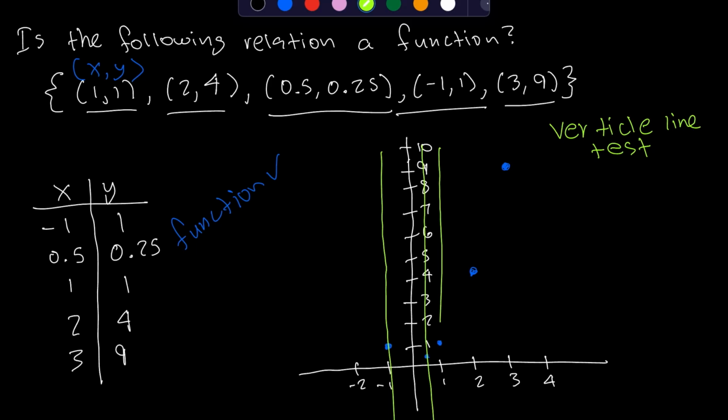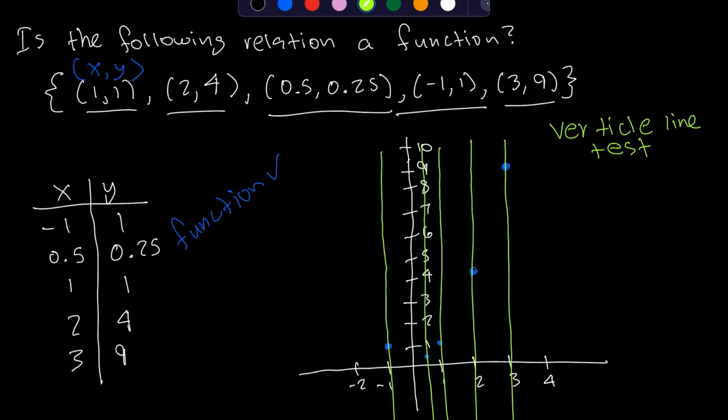Let me draw another point at 1. Still good. Another point at 2, or x equals 2. Still looking like a function. And we'll draw a point at x equals 3. Perfect. Since we only passed through one y value along every vertical line we drew, which is essentially x equals the numbers, like x equals 3 for that line, x equals 2, and so on.